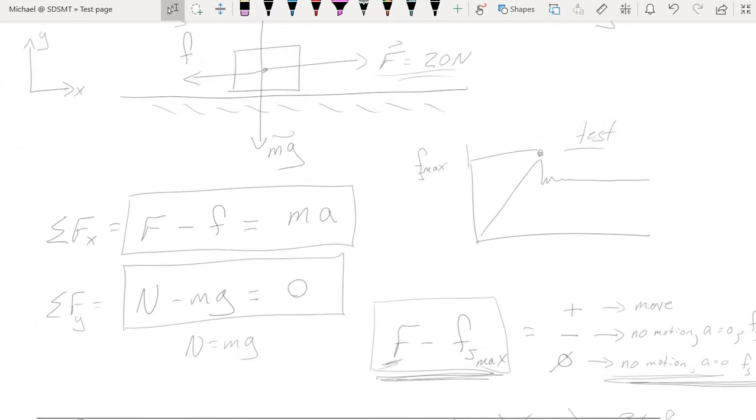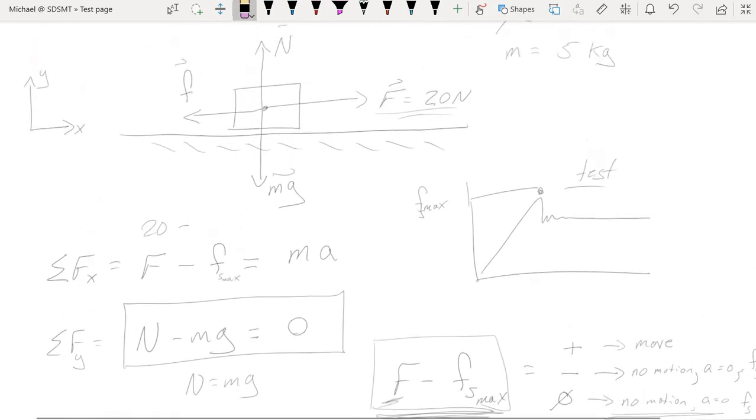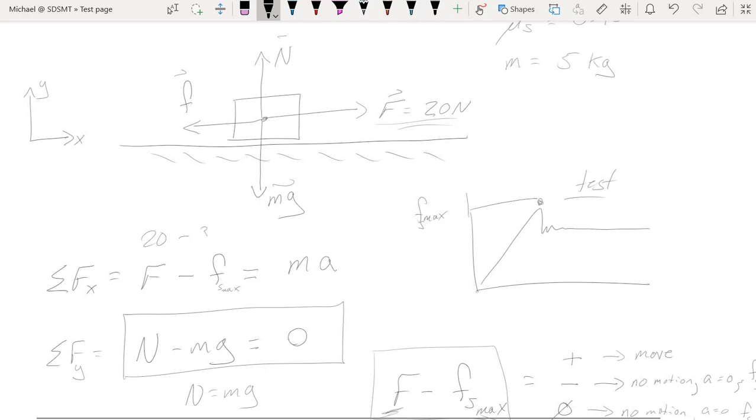We had an applied force of 20 newtons. We're going to subtract the maximum static friction, which was 36.8. And so that's going to equal a negative outcome.